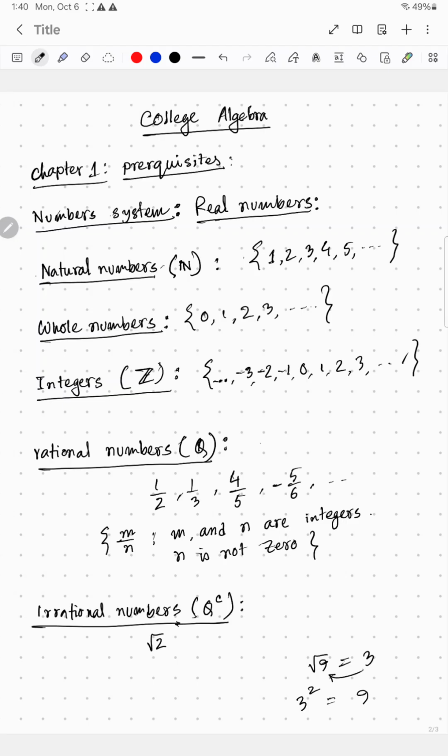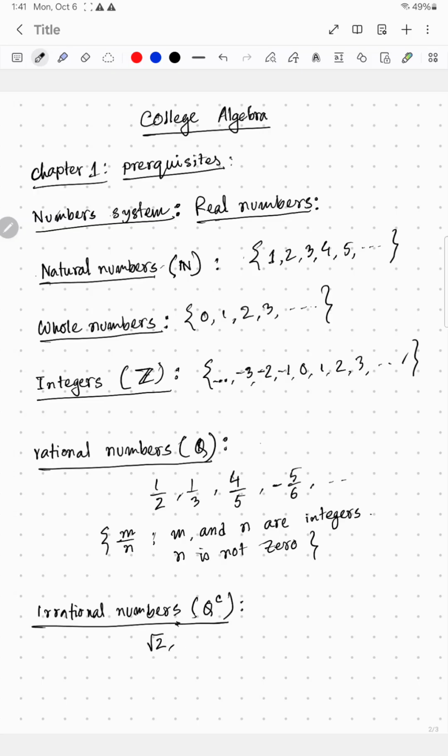That's what a square root is. The square root of 2 is an irrational number. There is no way we can write it as a ratio of two numbers. For example, we cannot write it like m over n. The square root of 2 is between 1 and 2, and it cannot be written as a ratio of two numbers.